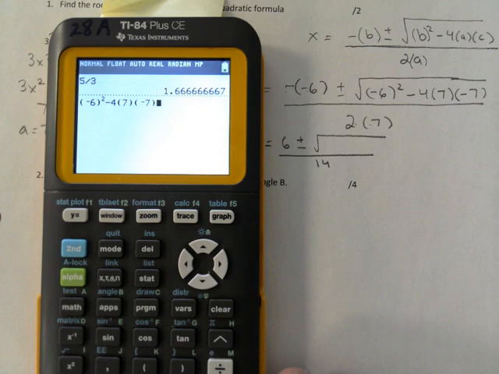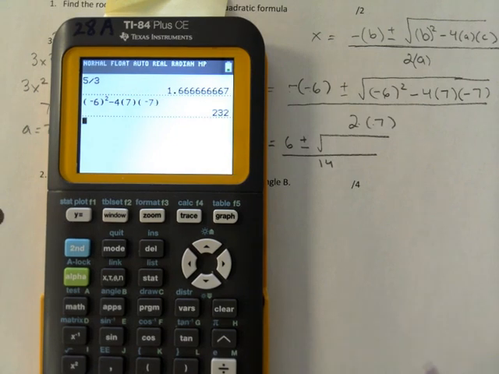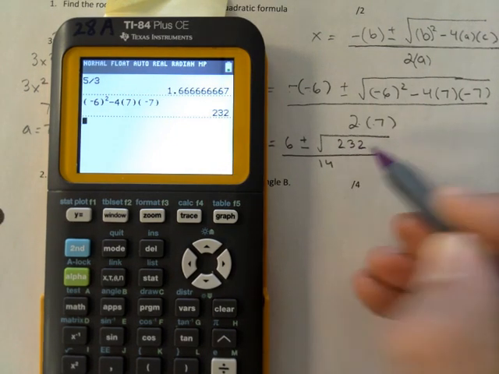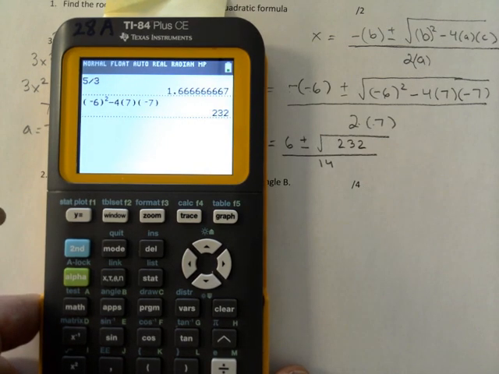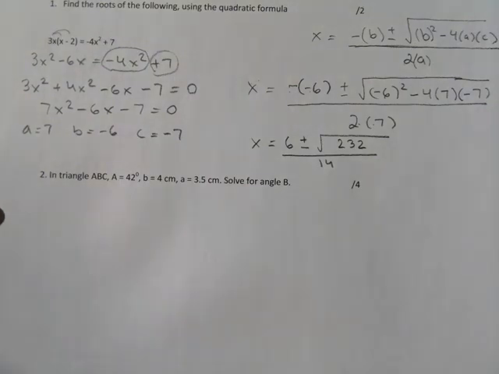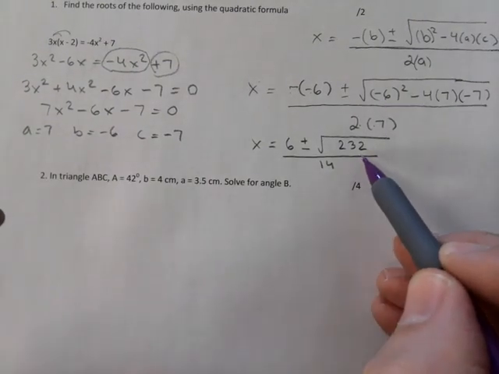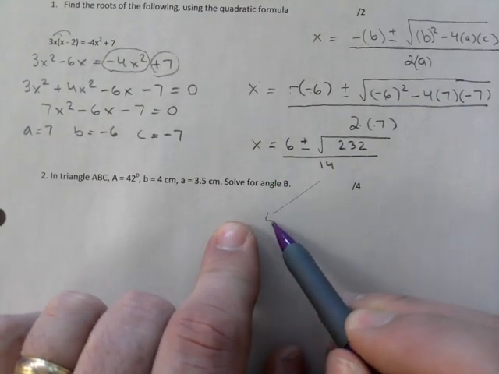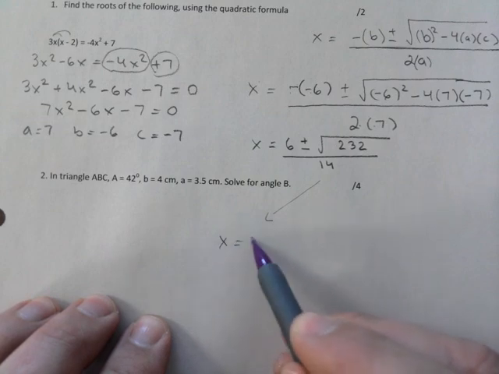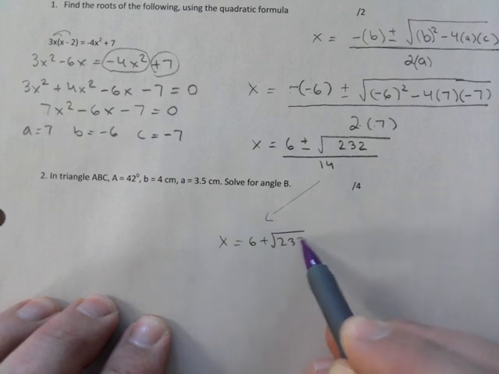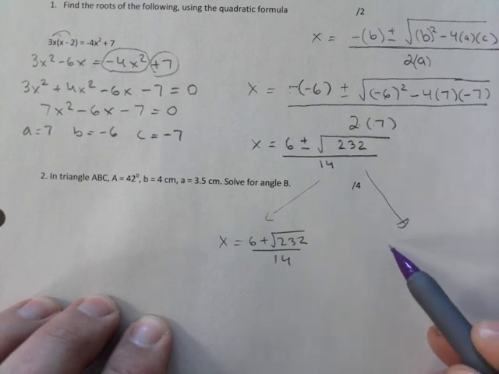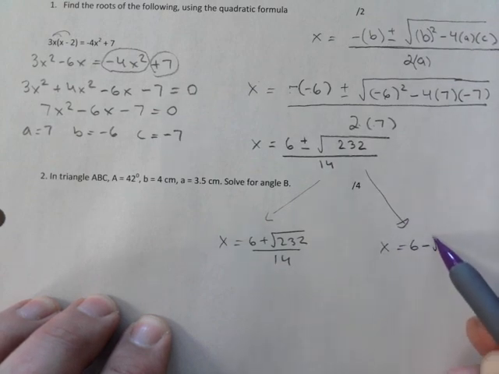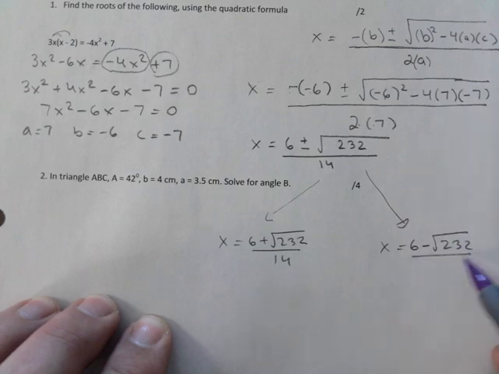That will take care of everything if you use brackets, and that's 232. So you clean up whatever's inside the root. Then you branch off, right? The one root will be 6 plus root of 232 over 14. And the other root will be x is equal to 6 minus root 232 over 14.